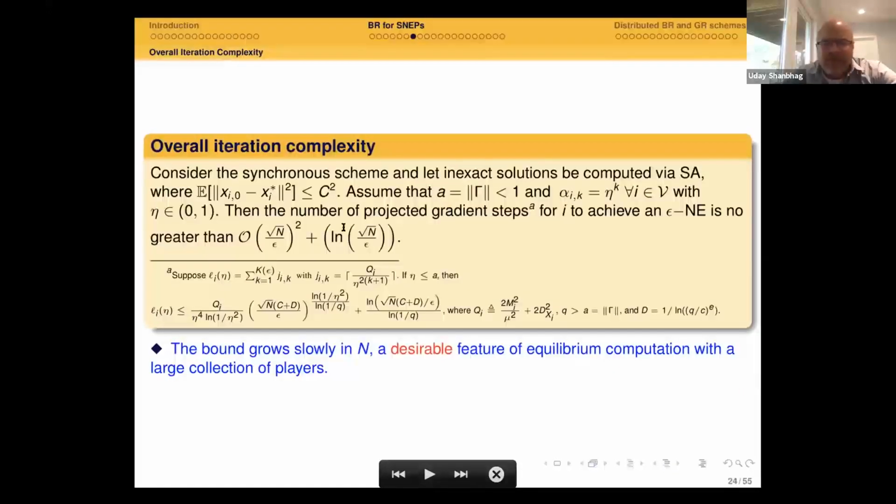And so you're actually able to show that the number of projected gradient steps to achieve an epsilon Nash equilibrium is of the order of square root n over epsilon, the whole squared, where epsilon is the quality of the Nash equilibrium. And so this goes to Peter's question, what does this say in terms of the number of players, right? So clearly at this point, we have a square root n factor which gets scaled by, it's actually an n factor on the top.